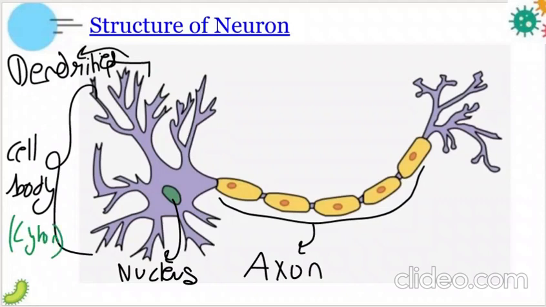Now, some external things also we have. The yellow color things which you can see are the myelin sheath.